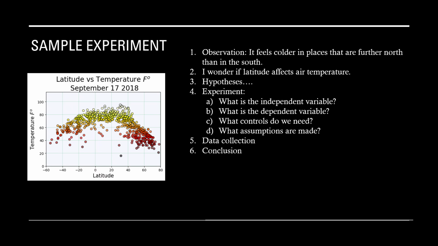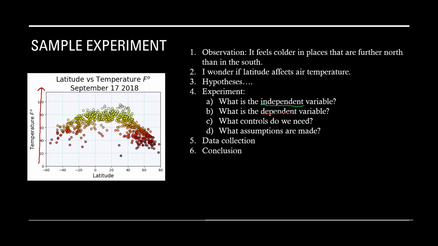One thing I do want to say, I just realized this: when you do a graph, the dependent variable, the thing that depends on what we manipulate, is always on the y-axis. That's where we plot that. And then the independent variable, I'm going to do that in green. This is what we change.